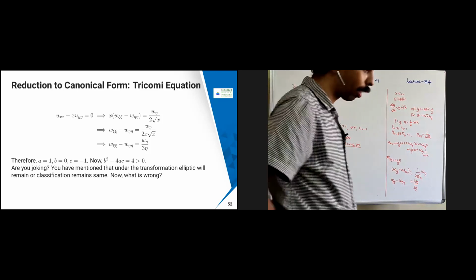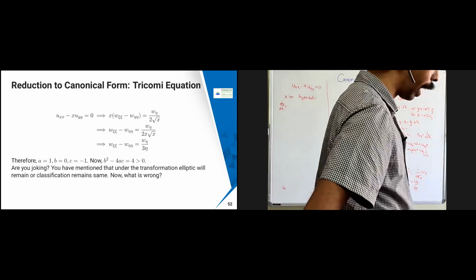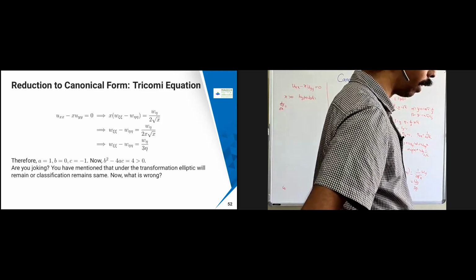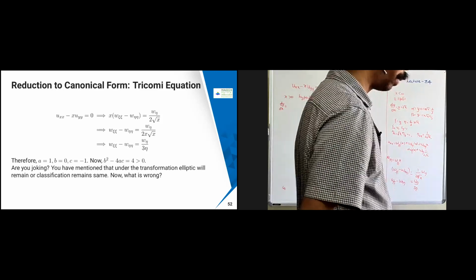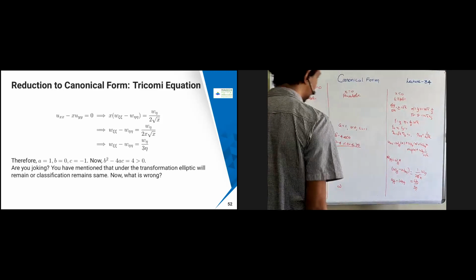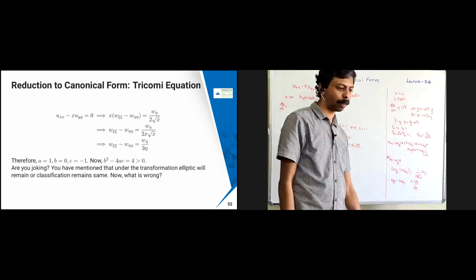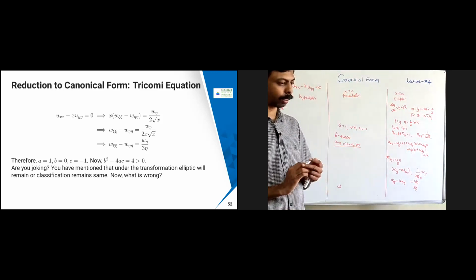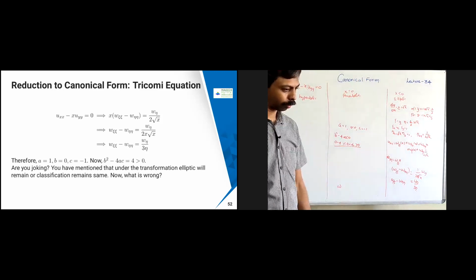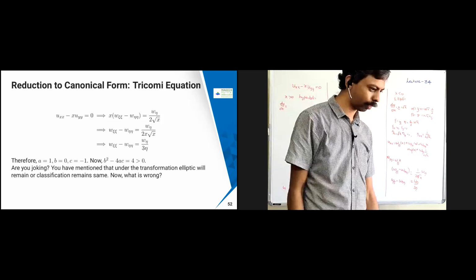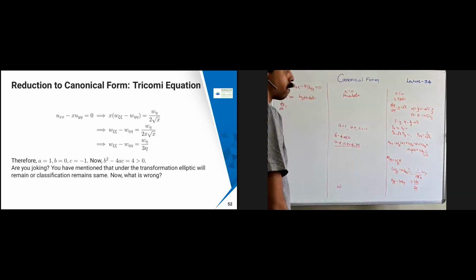Correct? But I told already the transformation will be elliptic, it will remain as it is. Classification remains the same. That was what I mentioned earlier. So what is wrong there? What is wrong?